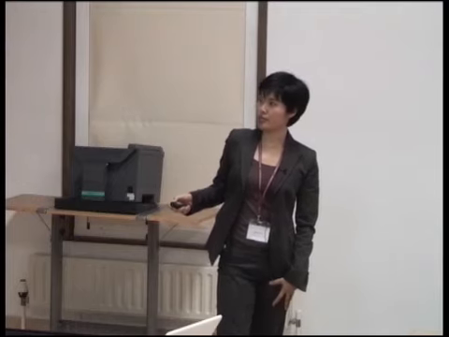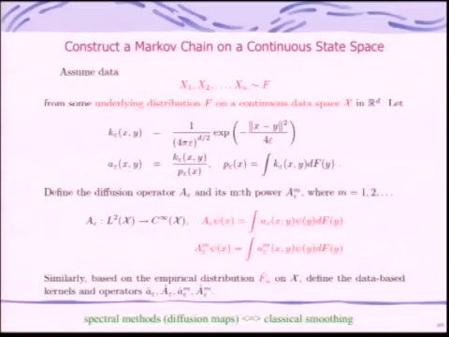Similarly, based on the empirical distribution f hat, we define the data-based operator A hat epsilon, and also define its power. Just as in traditional smoothing, as the sample size increases, we'll let the bandwidth go to 0.